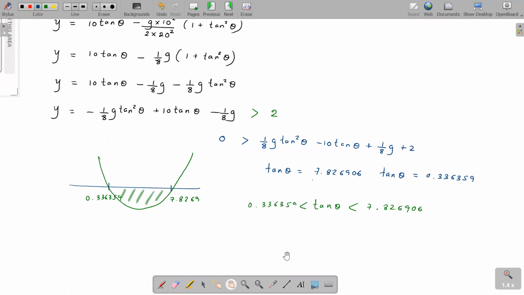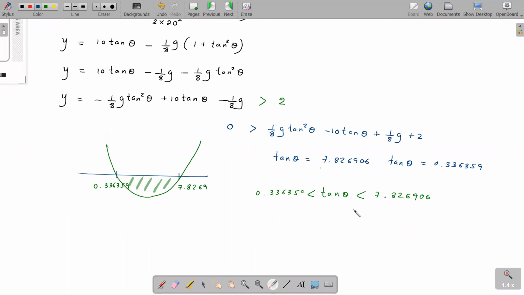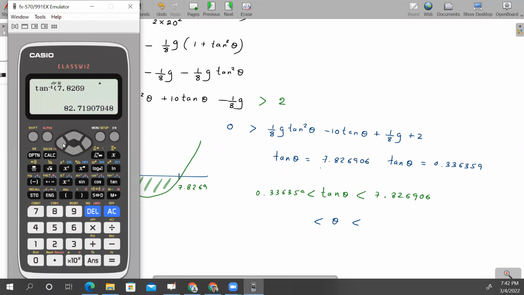Okay, then the next thing is, this is the range of tan theta values, not the theta values, and I now need to make it theta values. Can you all convert it to theta values? Tan inverse. Tan inverse 0.336359 gives me 18.59.